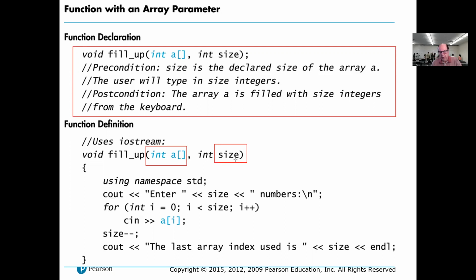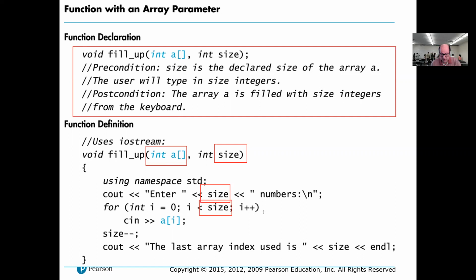So if my array was 10, it would say 10 numbers. If it was 20, it would say 20. We are using this variable because any number can come in here. Remember, reading the number is not part of this function. It's just going to know the size and the array, and it's going to create a for loop, and the for loop is going to be based on the size. So that size can change in the future.